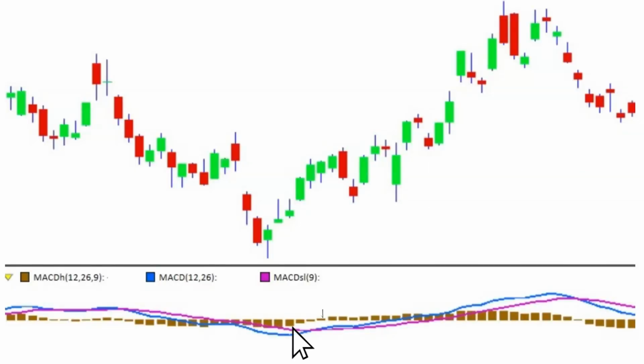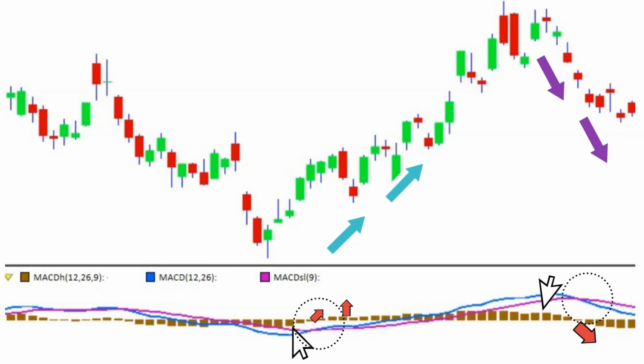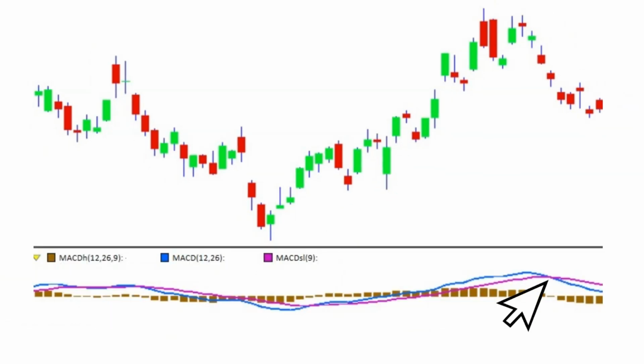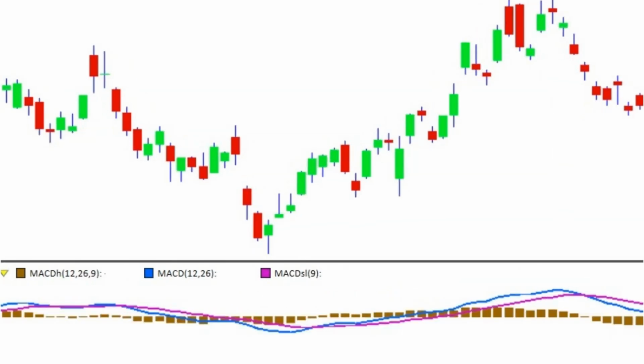When the histogram goes from negative to positive together with the MACD crossing above the signal line, it points out the market's bullish turn. When the histogram goes from positive to negative and the MACD crosses below the signal line, it means the market will turn bearish. Sometimes, waiting for a MACD crossover might be too late to act. You can use the histogram to anticipate a MACD crossover before it occurs by watching the slope of the histogram.